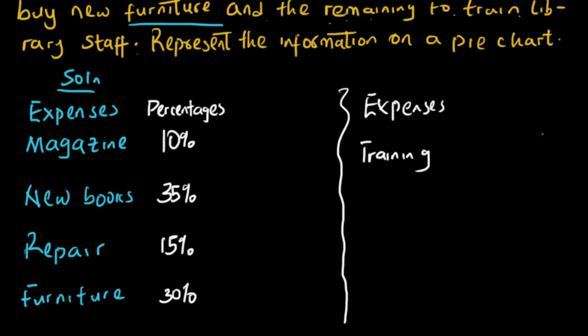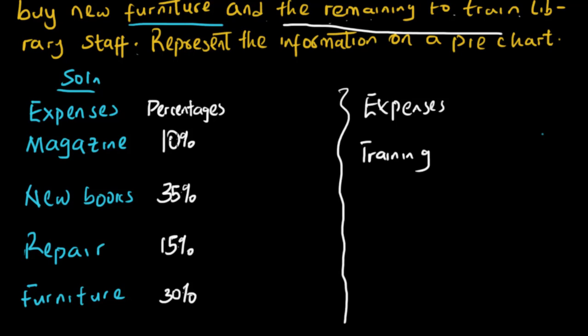Now the question above is actually a why question, but I just put a twist on it to make it a bit more difficult so that I can show you something. So in this case, we're told the remaining was used to train library staff, but we're not told what exactly. But we know that percentages usually add up to 100. So all we need to do is to add what we're given and subtract it from 100.